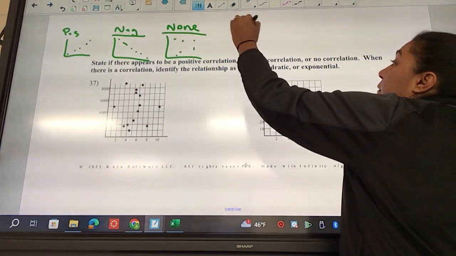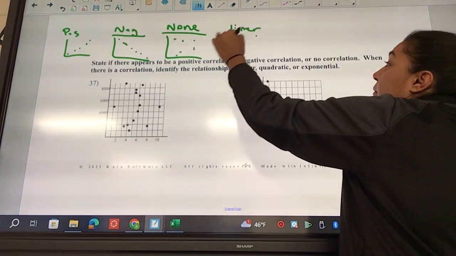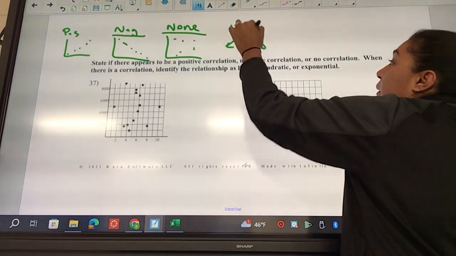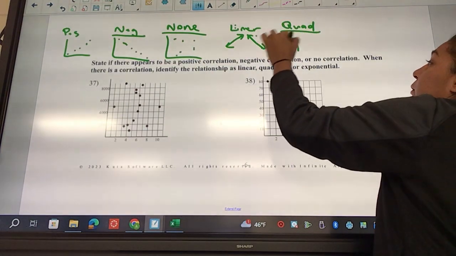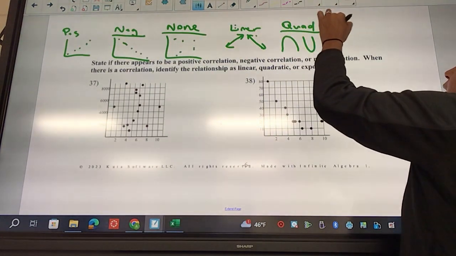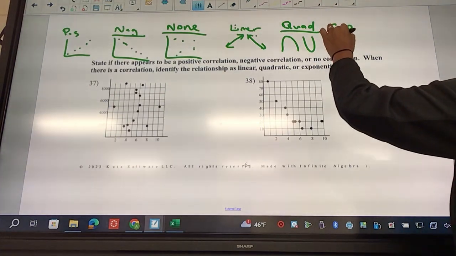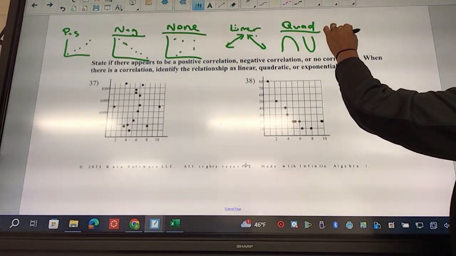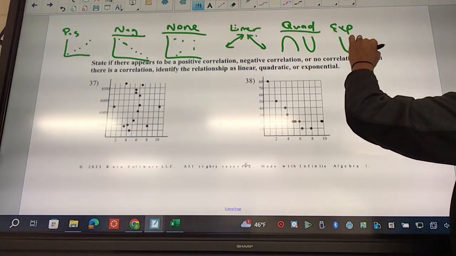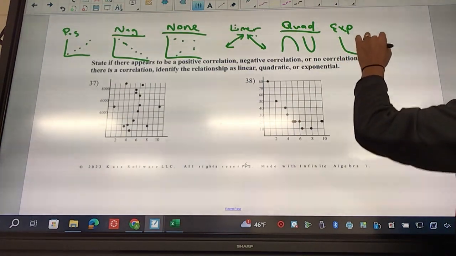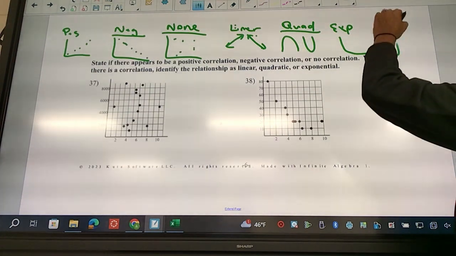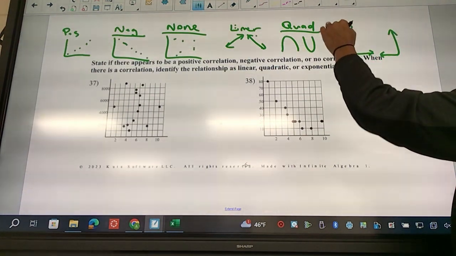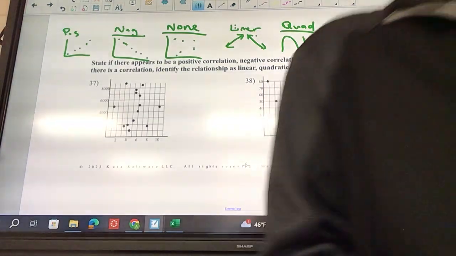A linear is a straight line. A quadratic is a U. And an exponential is where it flat lines out. So it's going down and then it just kind of goes to a straight line, or it's going up, and then it shoots way up. Mine is not a beautiful picture, but it's the best I got.